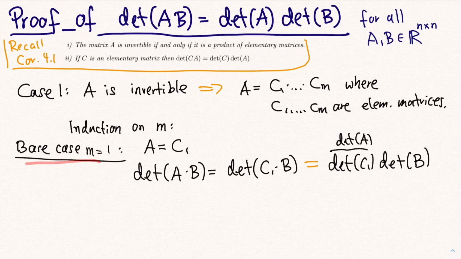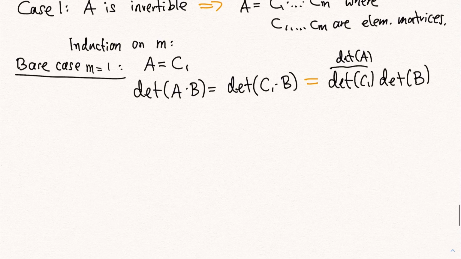So the base case m equals 1 is just given by this corollary. I think we also called this the base step, because now comes the induction step.